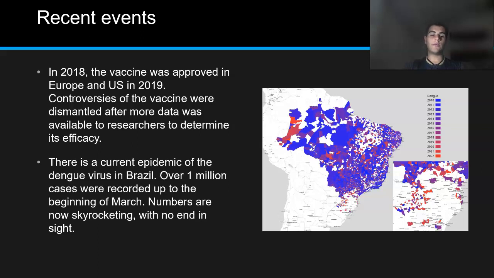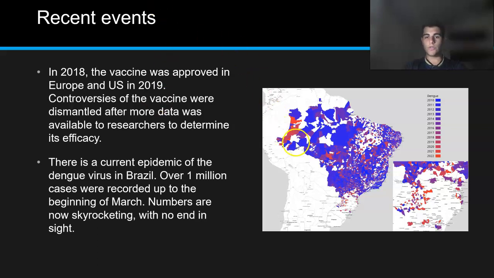Now there is a current epidemic of the dengue virus occurring in Brazil, and this is the main reason that I decided to do this presentation. There are over 1 million cases already recorded since the beginning of March in Brazil, and numbers are skyrocketing with no end in sight.